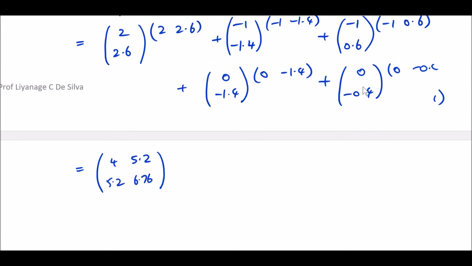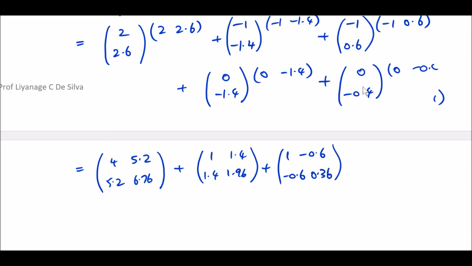Then plus 1, 1.4, 1.4, 1.96, plus 1, 0.6, 0.6, 0.36, plus 0, 0, 0, 1.96, and the last one 0, 0, 0, 0.16.